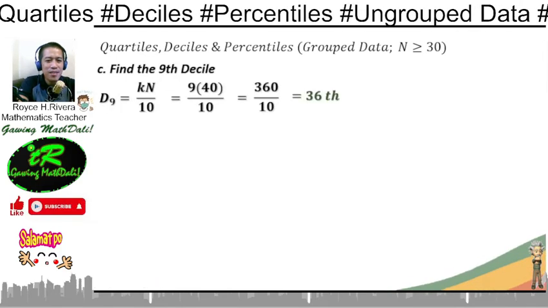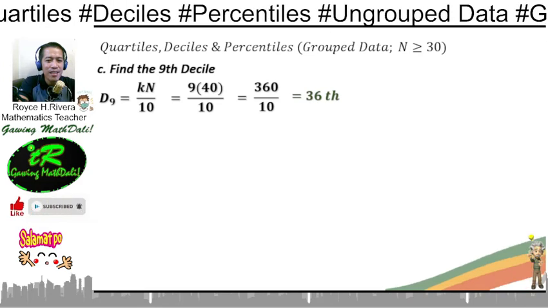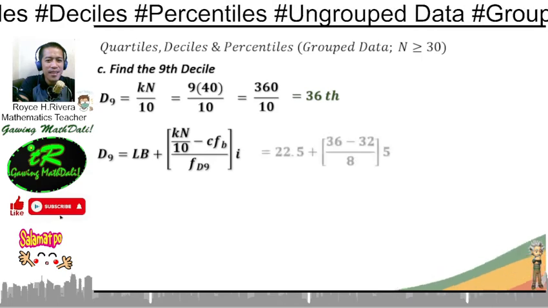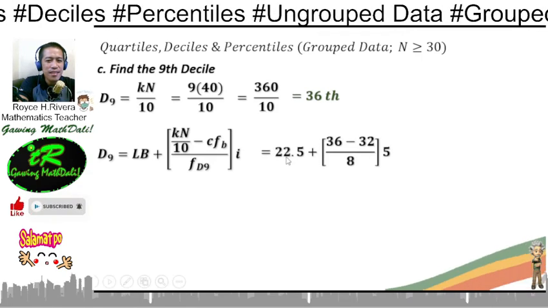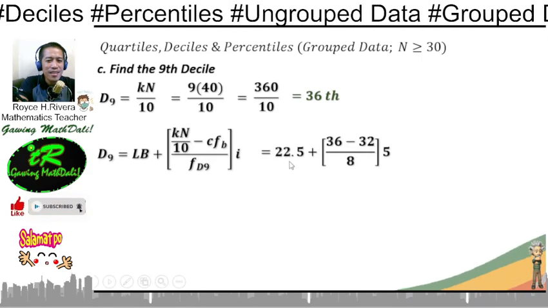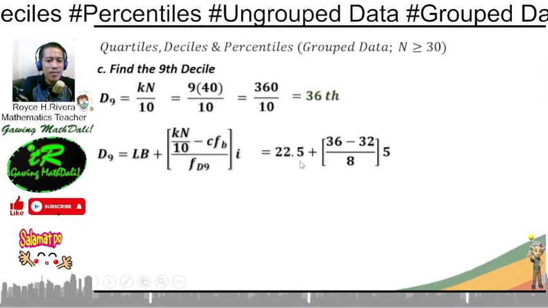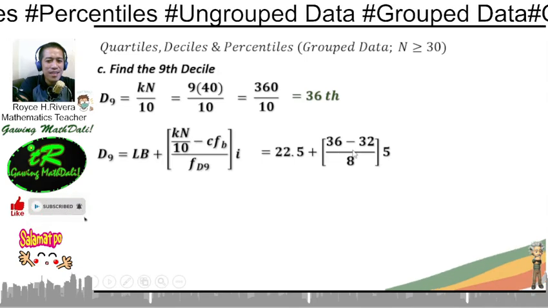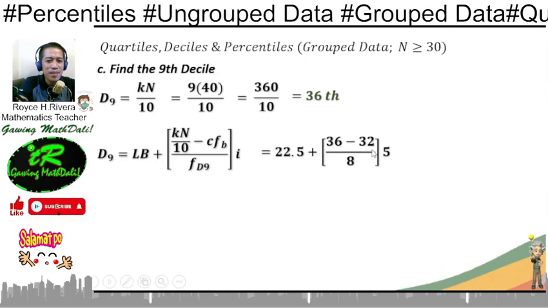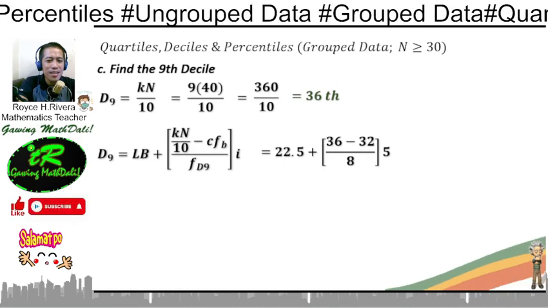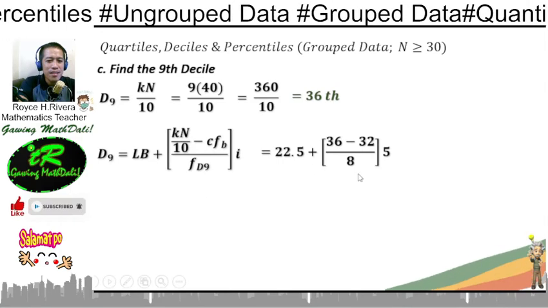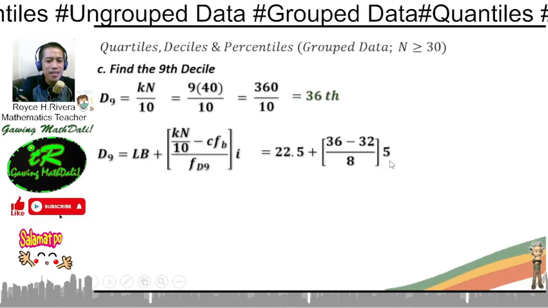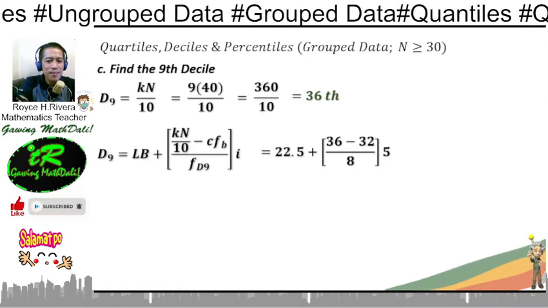Para sa computation of values of the ninth decile, we have this formula. And by substitution, the lower boundary is 22.5 plus the computed position, 36, minus the cumulative frequency before the class, 32, all over the frequency of the class, 8, times the class interval 5.